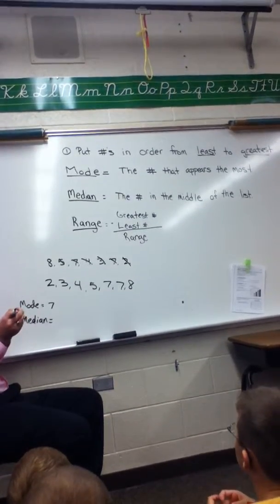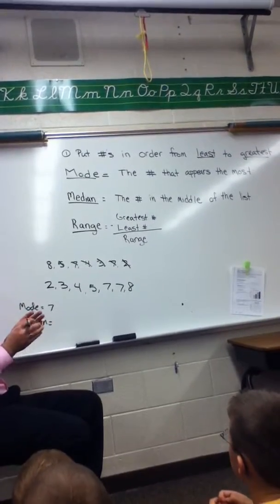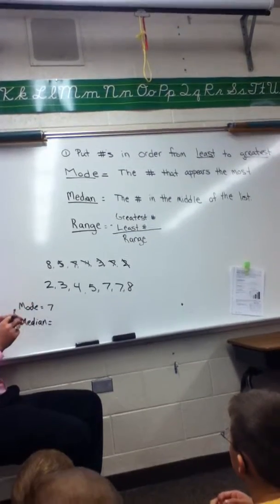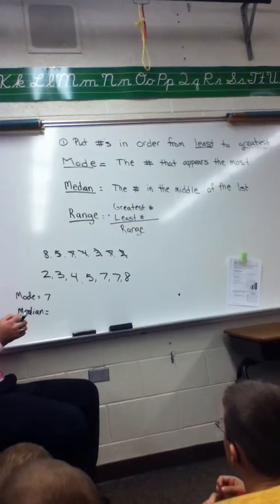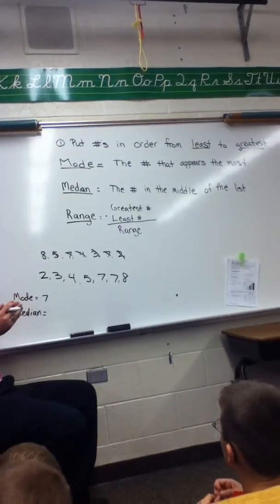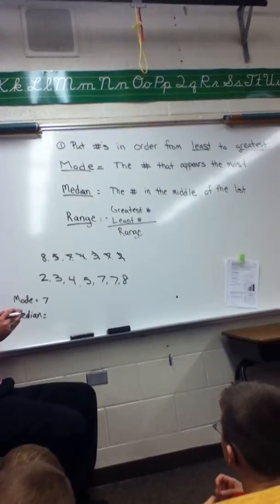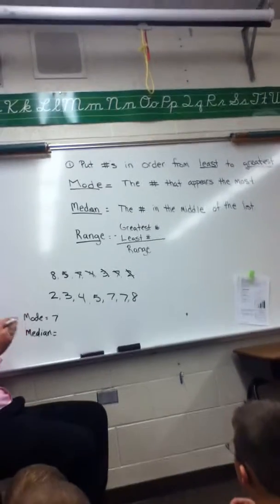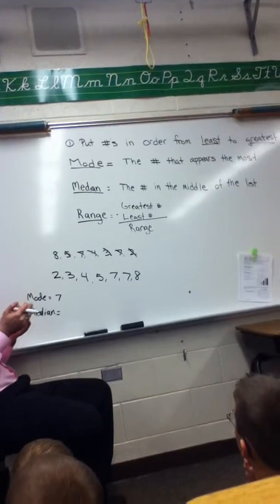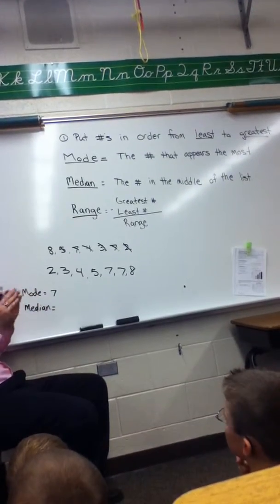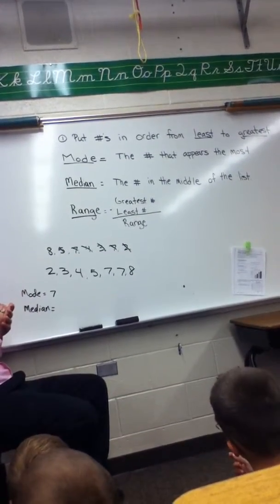Now, for today's lesson, you're always going to be given a set of numbers with 7 or an odd number of digits. And that way, you will have a middle number. I can tell you from experience, some data sets will have even numbers, and you actually have to figure out what the median number will be because it's actually not listed, but we're not going to get into that today.